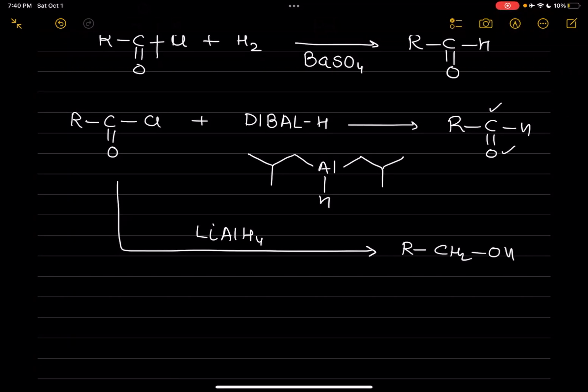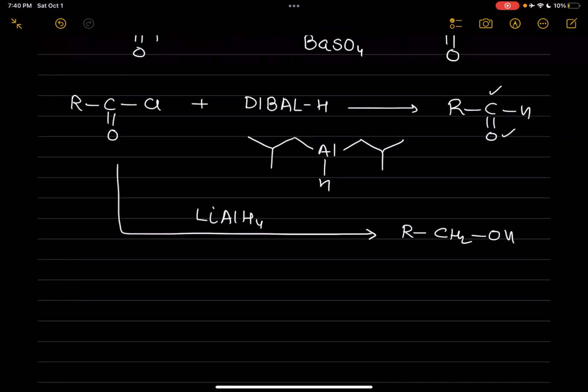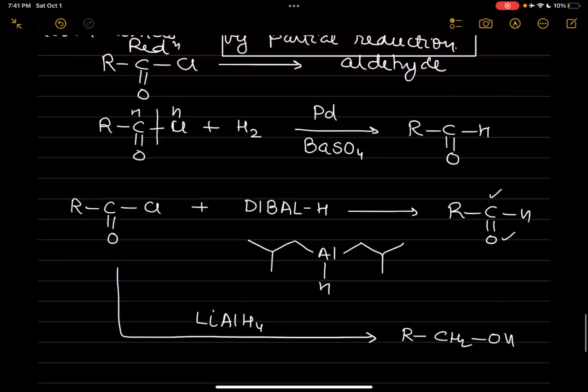What I am trying to say is, if you would have taken a strong reducing agent like lithium aluminium hydride, the reaction will not stop at the aldehyde stage only. Aldehyde will be just an intermediate and it will get reduced completely to alcohol.